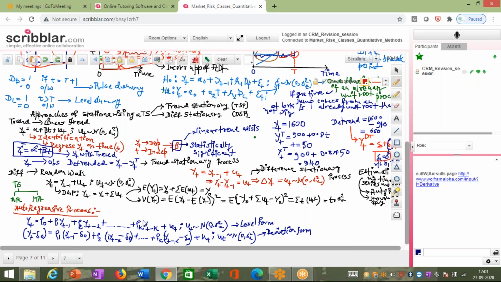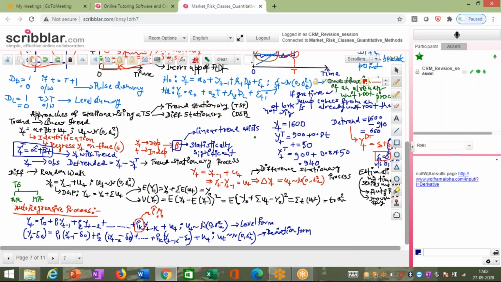The question is how easy it is to estimate this rho hat. How do I estimate this?